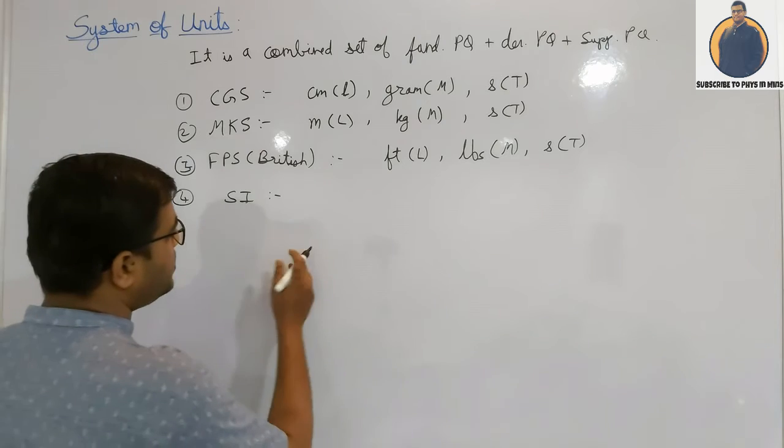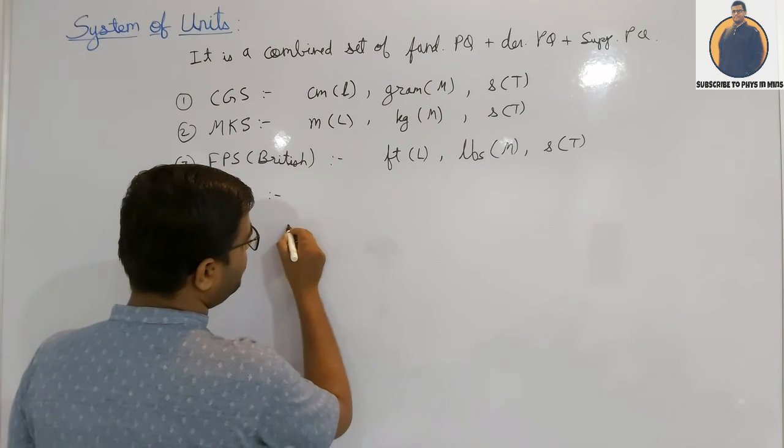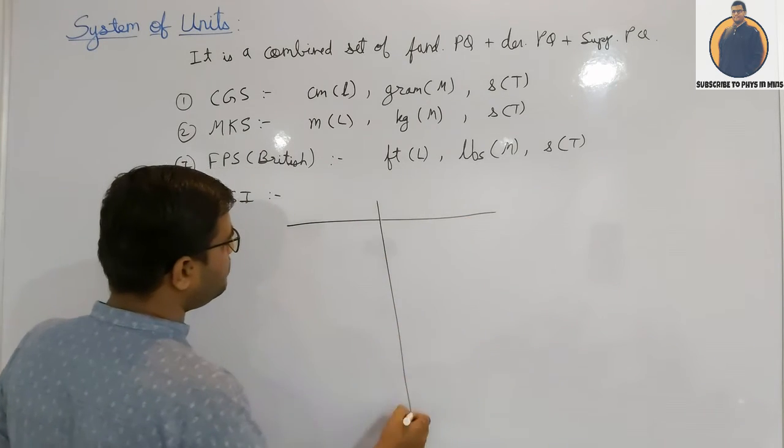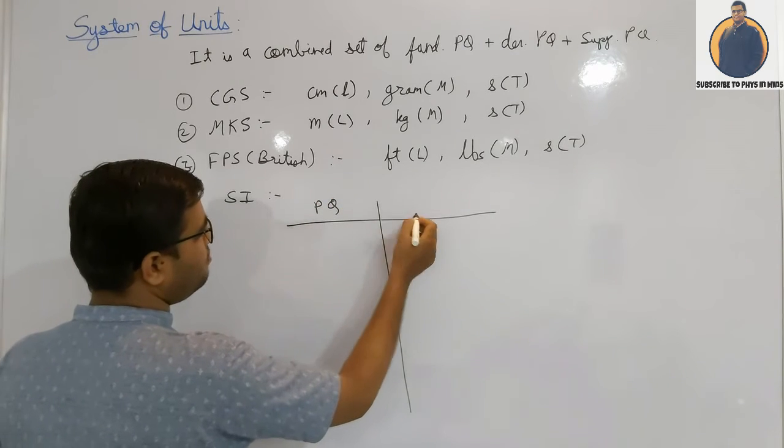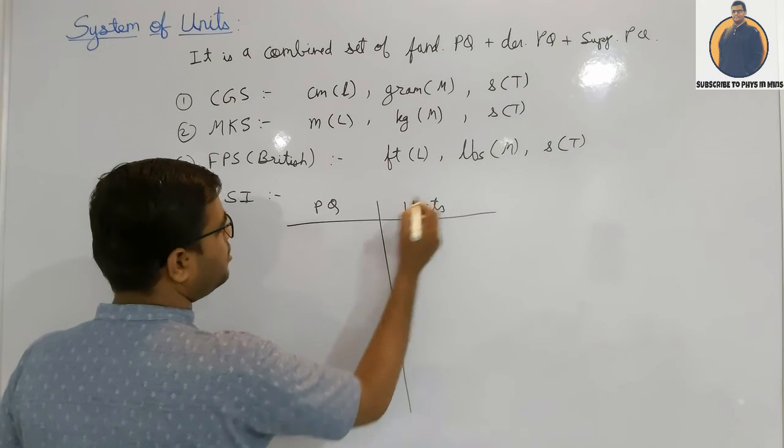So in the SI system we use 7 fundamental physical quantities, which I'll just list, with their units.